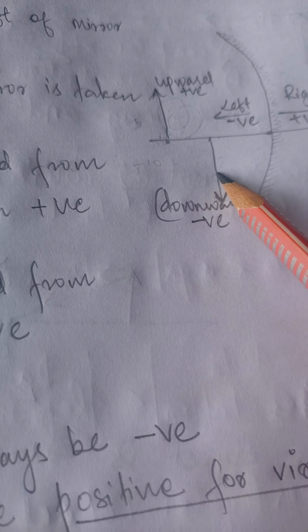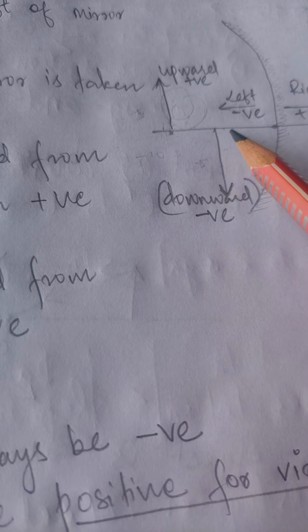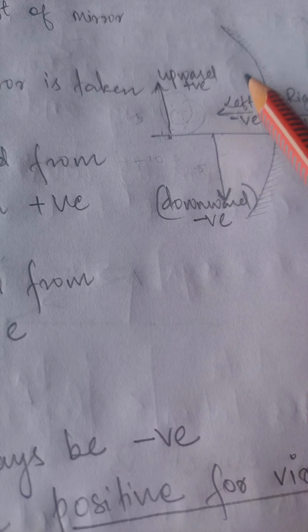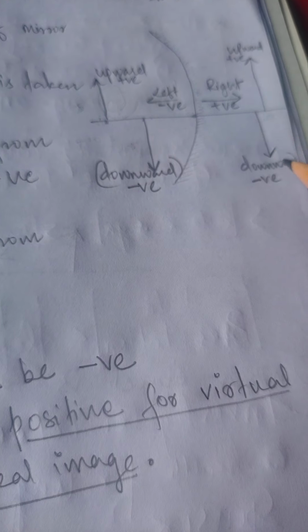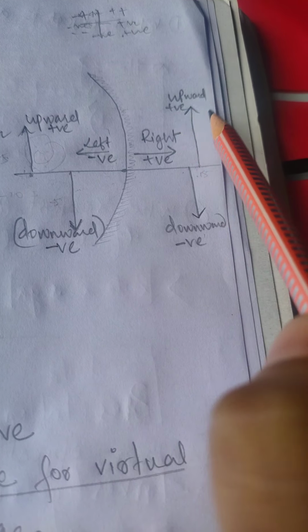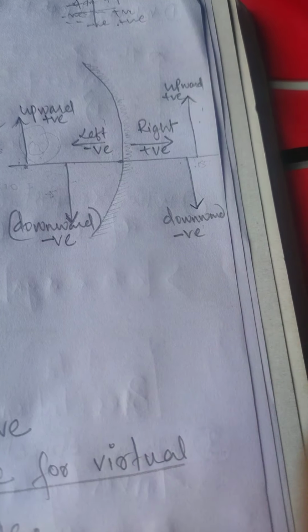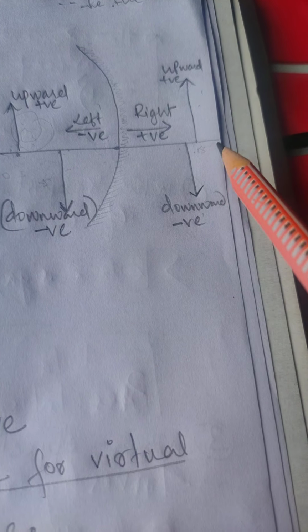And if this is my image and it is 5 centimeter, I will write it minus 5, no matter whether it is at the left side or right side. If anything is perpendicular to the principal axis and is upward, that means positive, and if it is downward, that is negative.